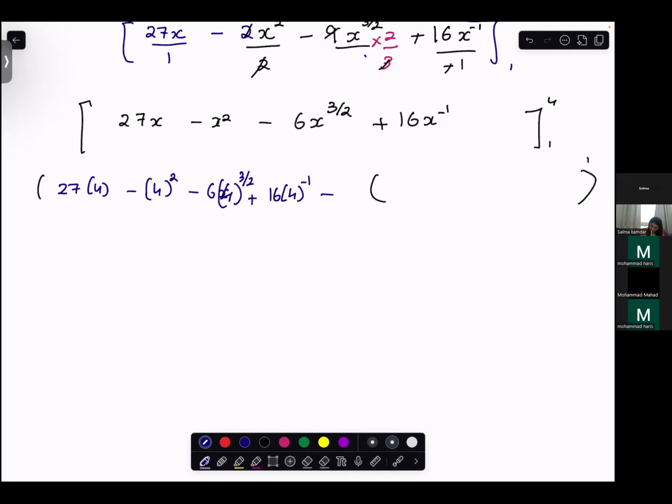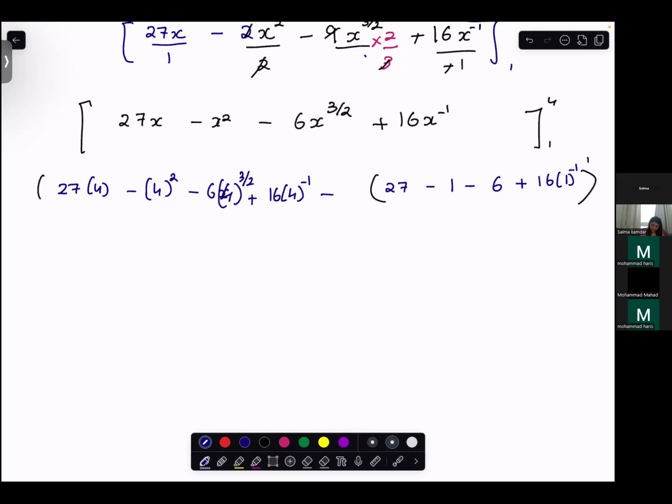Okay, fine. And the same thing would be 27 minus 1 minus 6 plus 16 into 1 raised to minus 1.